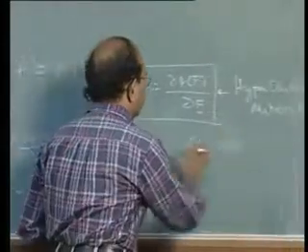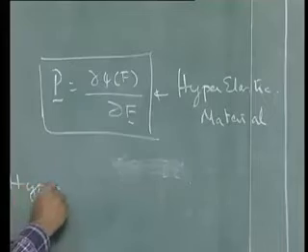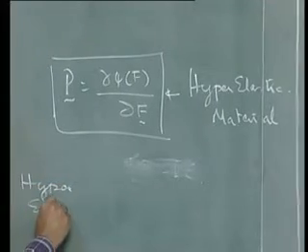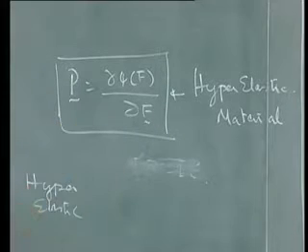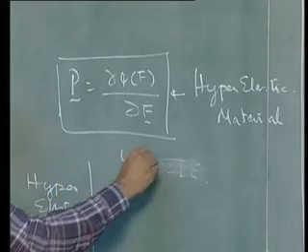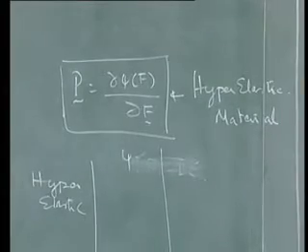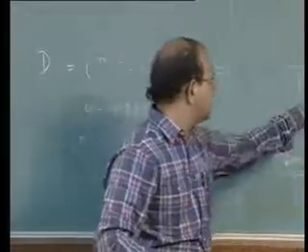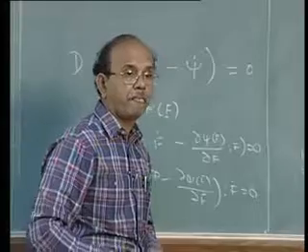On one hand, hyperelastic materials satisfy this equation. On the other hand, we have a number of types of what we call strain energy functions. This is the function psi of F, the strain energy function.